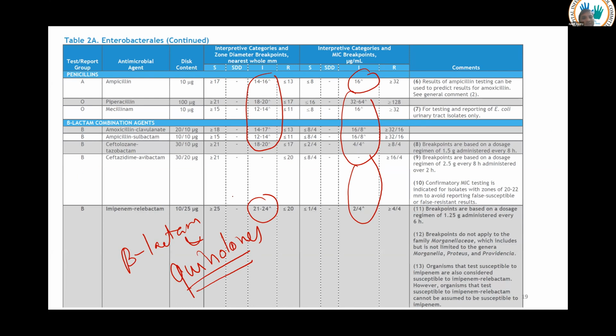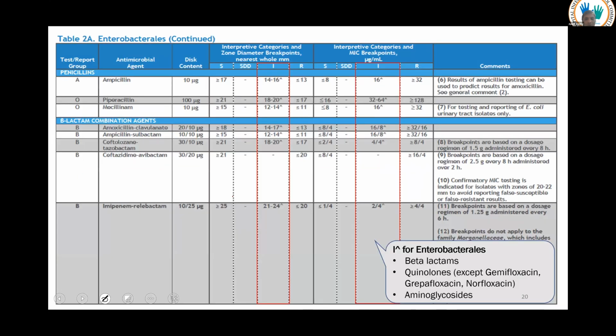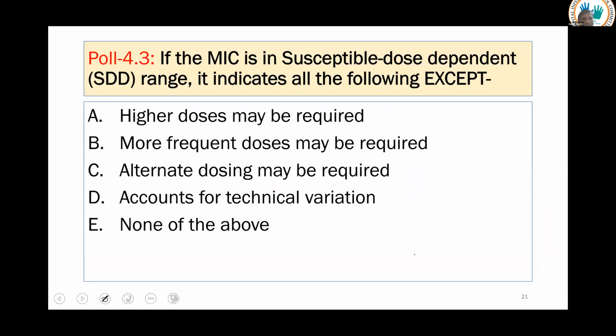Therefore, even if it is intermediate, you can safely give the antibiotic to the patient. So these are the list of antibiotics. You can see most beta-lactam antibiotics and most quinolones except a few are given as I caret breakpoints available in CLSI.